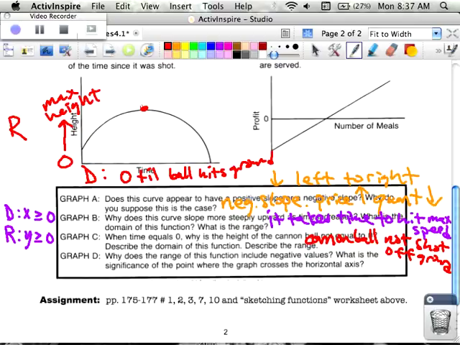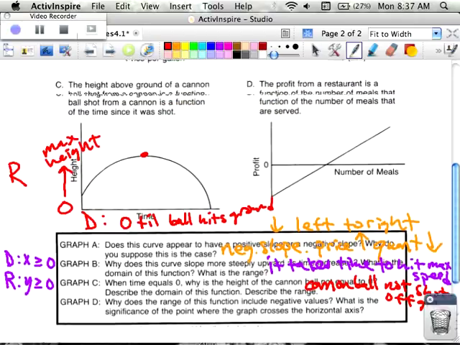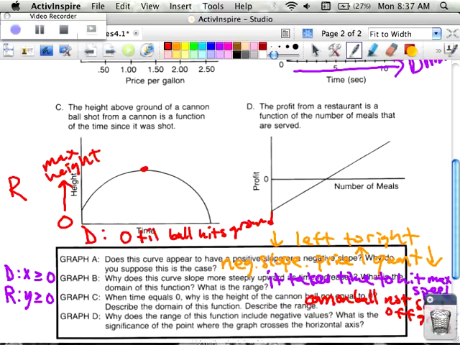And then the last one says, why does the range of this function include negative values? And what they're talking about in the last graph in part D is the profit from a restaurant is based on the number of meals that you serve.